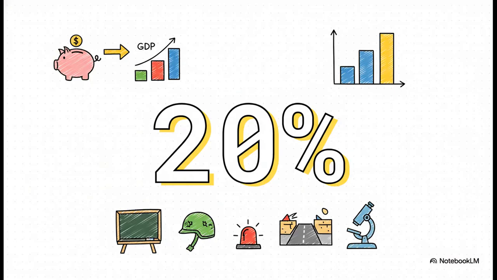Government spending makes up roughly 20% of the entire U.S. economy. This proposal would basically make one-fifth of our economic activity invisible in the main metric we all follow. We're talking about the salaries of teachers and firefighters, the concrete we use for our highways, the funding for life-saving medical research. All of it, gone.